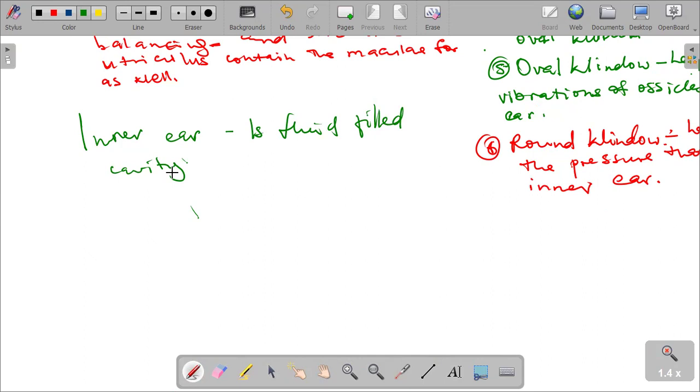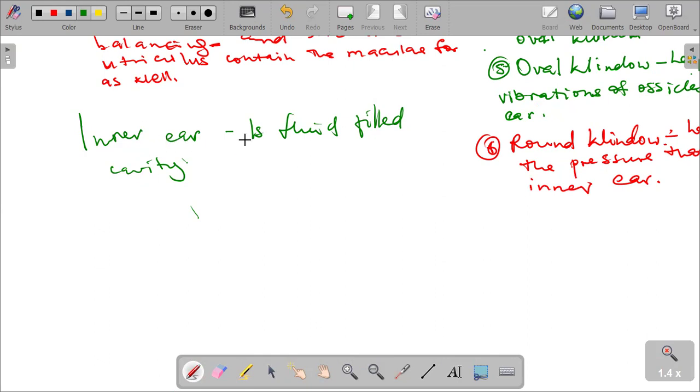My question to you is: why is it fluid filled? Why is it filled up with fluid? We are going to come back and explain that as we continue, but for now we are just giving the structures.